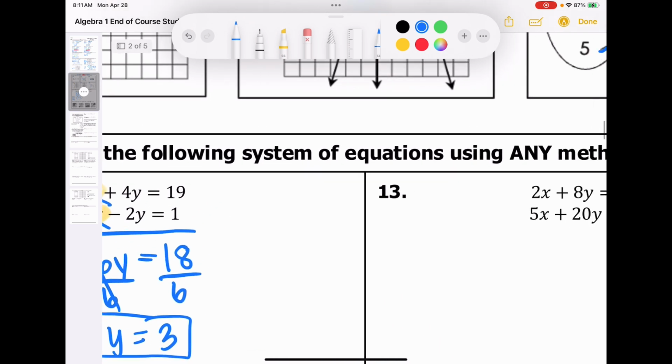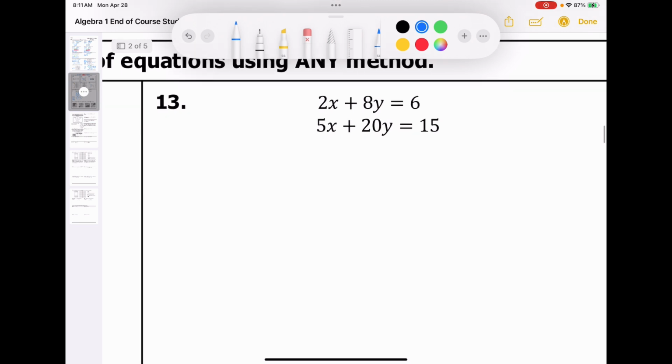All right, number 13, we have 2x plus 8y equals 6 and 5x plus 20y equals 15. So I'm not going to use substitution because I don't have a letter without a number beside it. So I'm going to use elimination, but I have to have common coefficients. So I have to multiply one or both of the equations by a number to get a common coefficient.